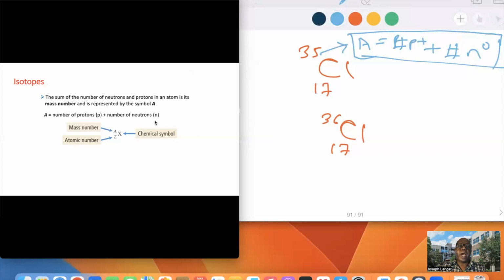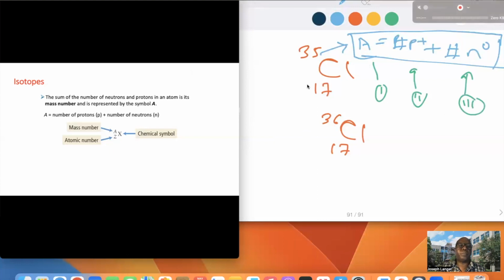Here you may be asked to calculate either. This is like a density triangle. If I know two, I should be able to calculate the third one.